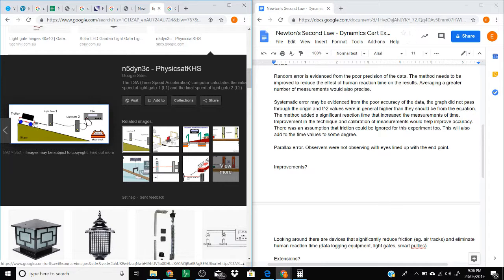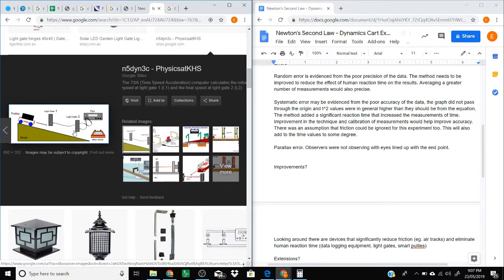So you can look at the start of when it goes through light gate 1 and then light gate 2. If you've already measured the distance between them, you'll look at the delay in time between when the laser is blocked in light gate 1 and light gate 2, and from that you can determine velocity. So that is one way you can measure velocity.